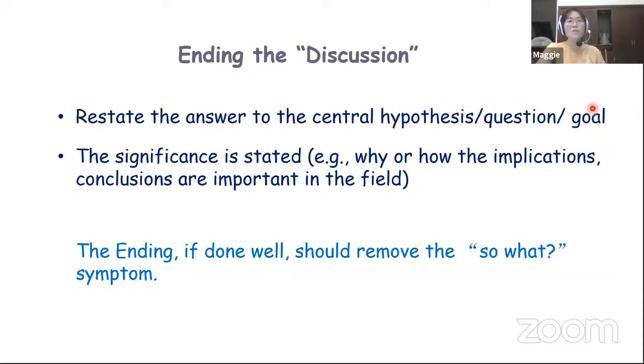You can also state the significance of your study. For example, why or how the implications and conclusions are important in the field. The ending, if done well, should remove the so-what syndrome. So everybody, after reading the ending part of the discussion, agrees with you that your study is well done.